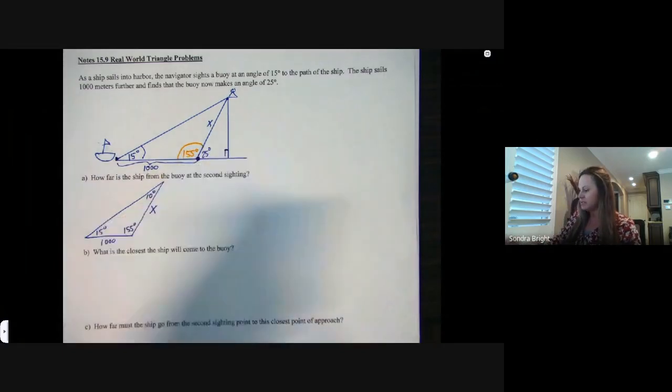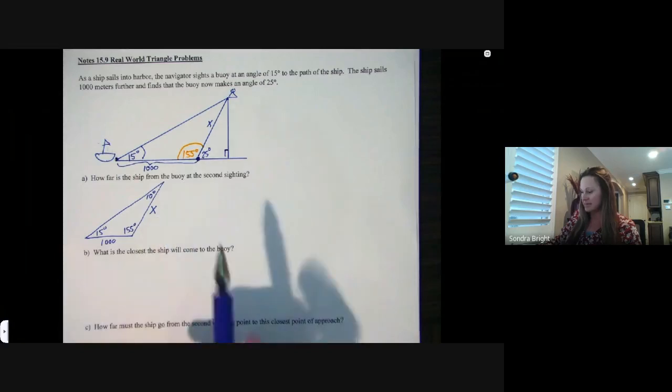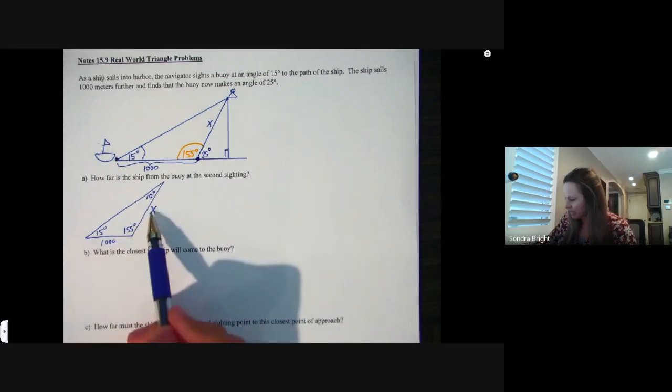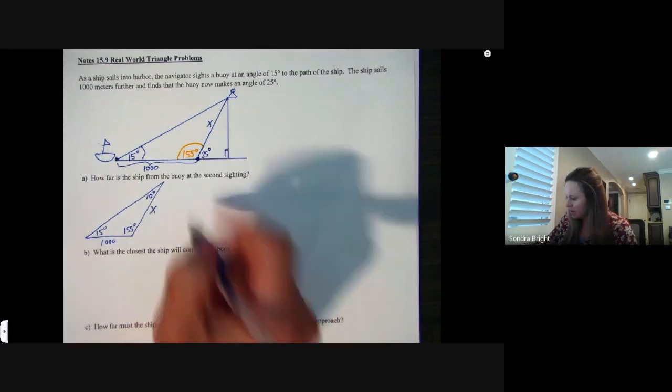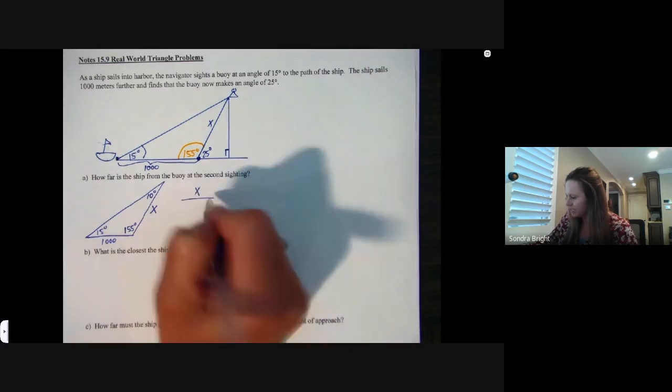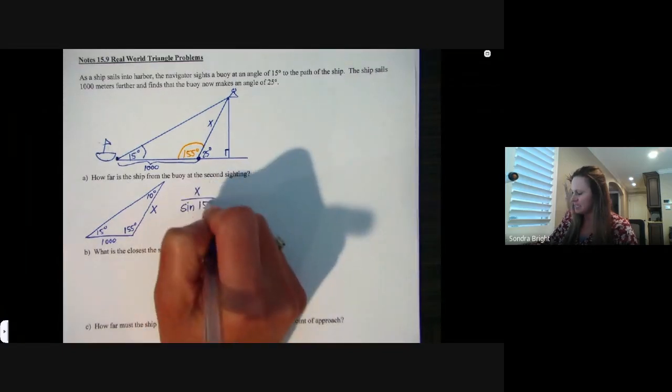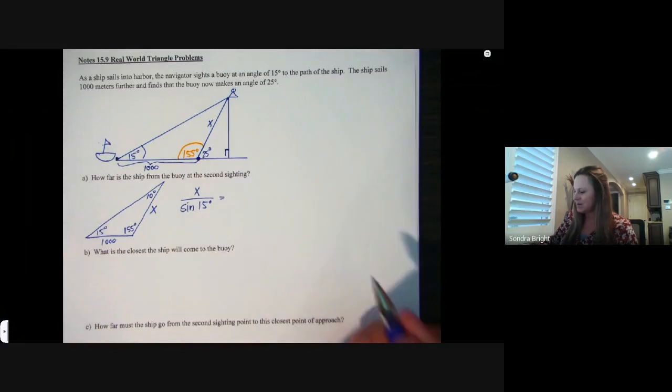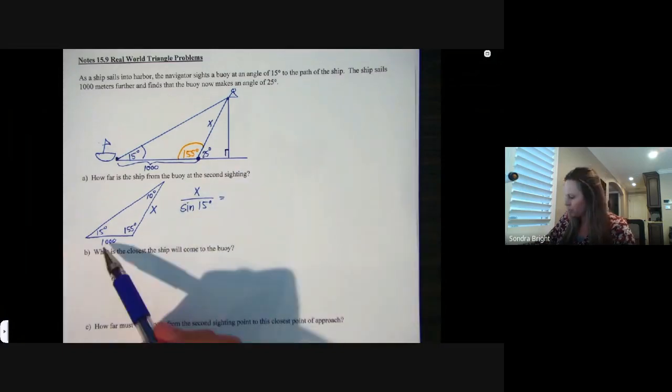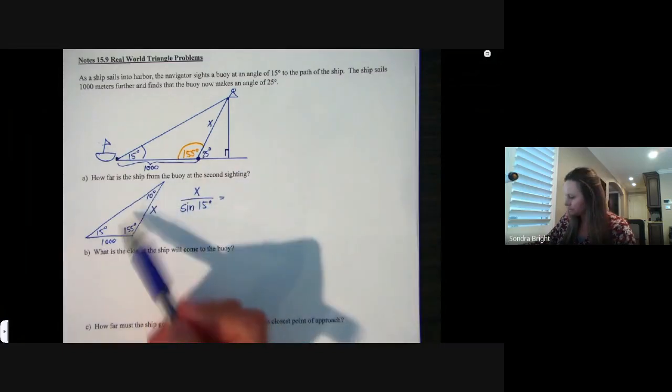All right, so I can use law of sines, right? I need x, I need this side length, so I'm going to put that on top because that's what's unknown, over sine of 15 degrees, and that's equal to, I know the side with 10 degrees, so 1,000 over sine of 10 degrees.